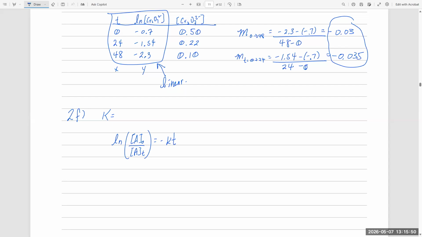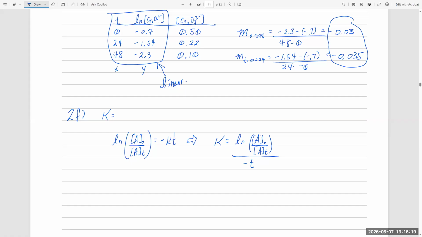Now, through some algebraic magic, what do we end up with? We can solve for K, which is going to be the natural log of A naught again, that's A initial, over A sub T, all over negative t. Don't forget the negative. There's a negative here.